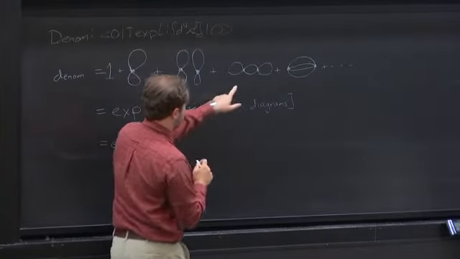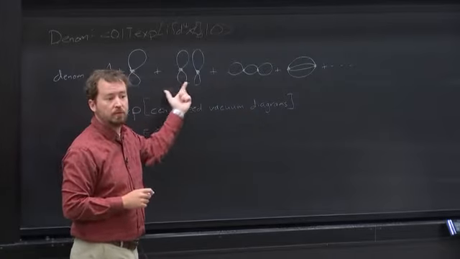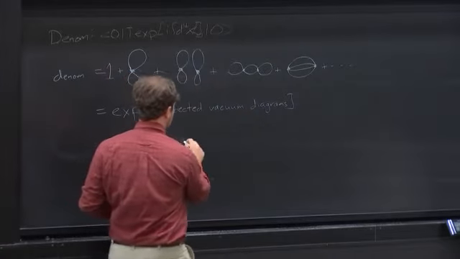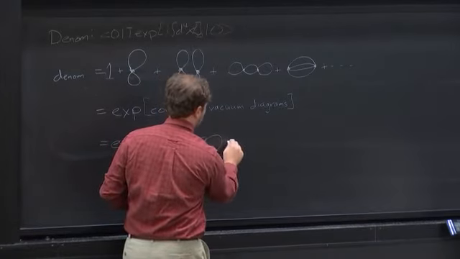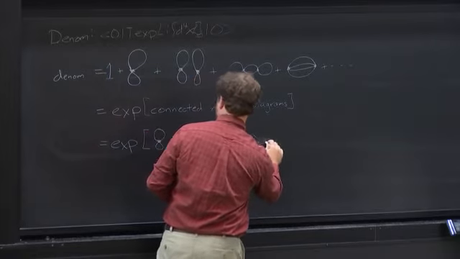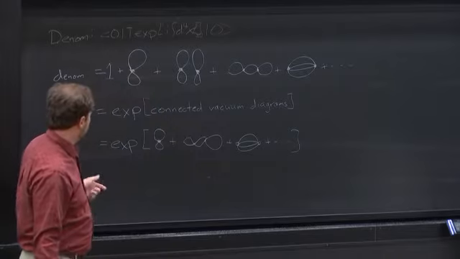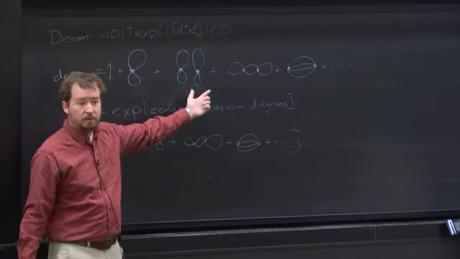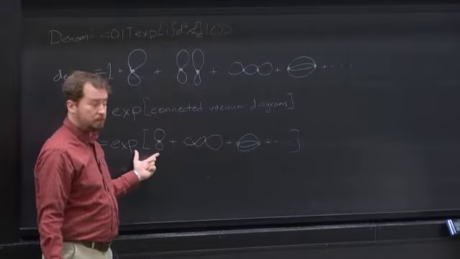With two vertices, it'll be these two diagrams. This one is not connected. It has two connected components. And so we get a term like this from the second order expansion of this exponential.